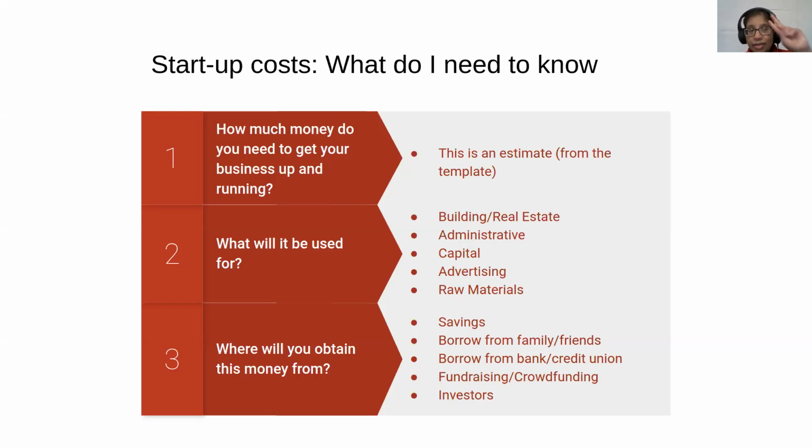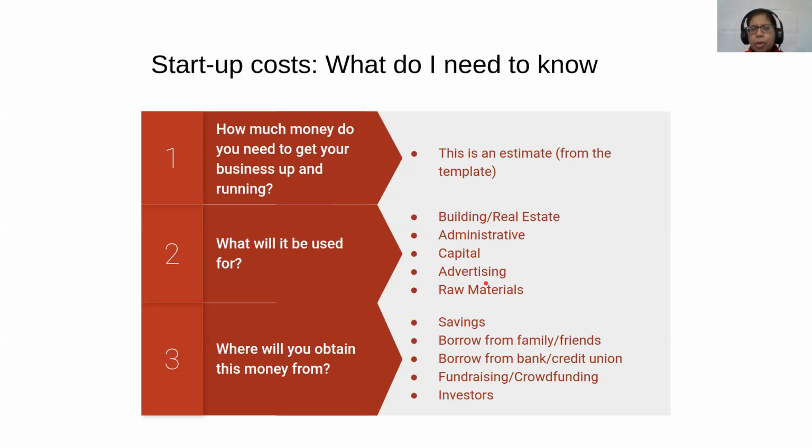Okay, the second thing you need to know is what it will be used for. So there are different things you may need to spend money on when you are starting up your business, and the template as well will classify all of those costs for you.